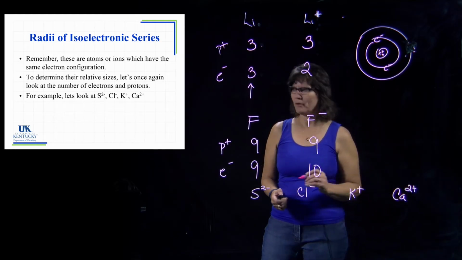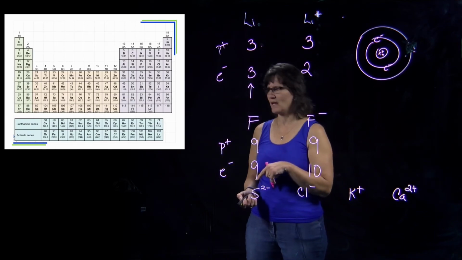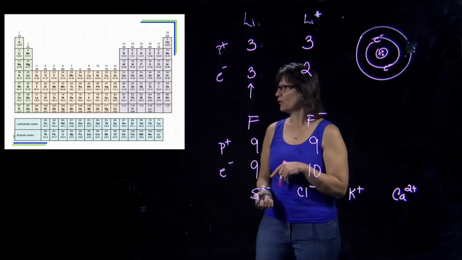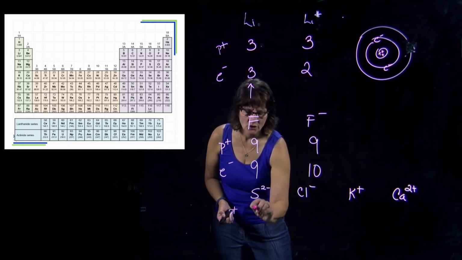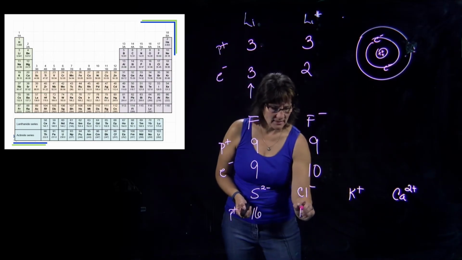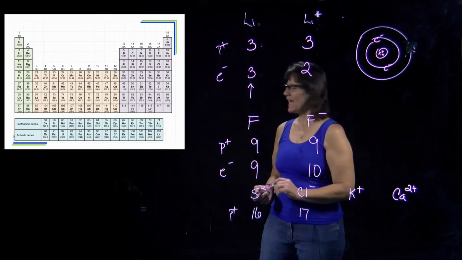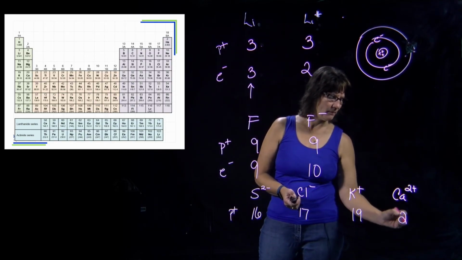Now if we look at a periodic table, we can determine the number of protons and electrons of each of these. So we're doing the protons first. Sulfur has 16, chlorine has 17, potassium has 19, and calcium has 20.